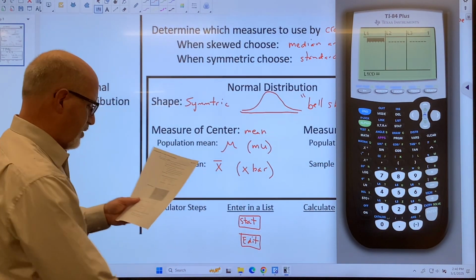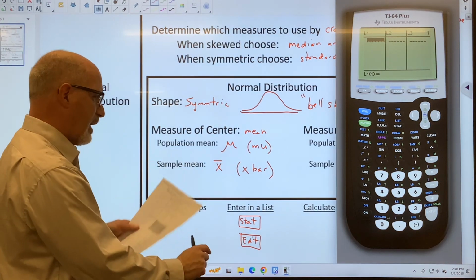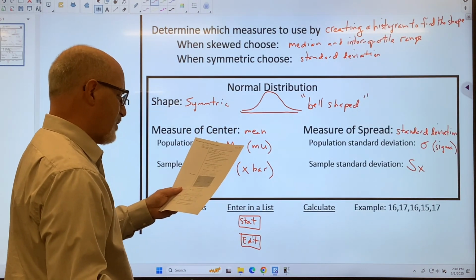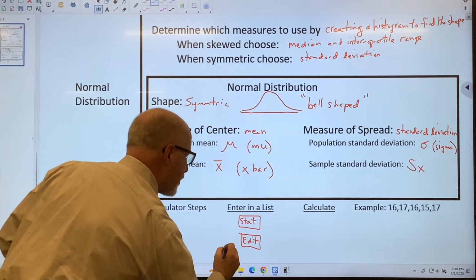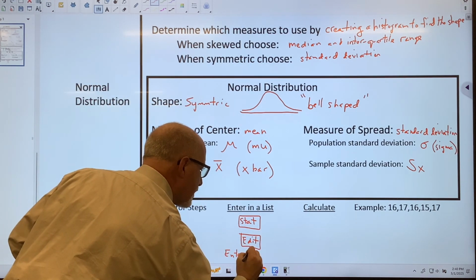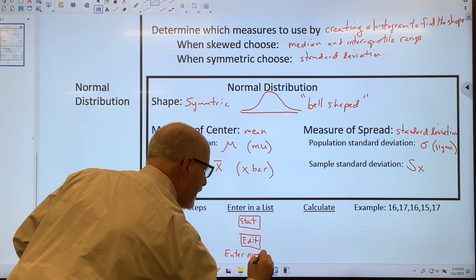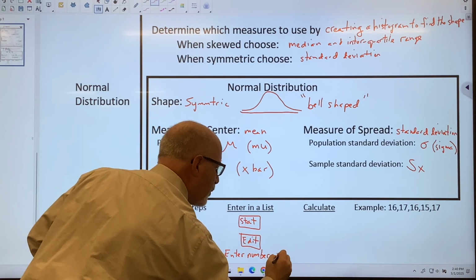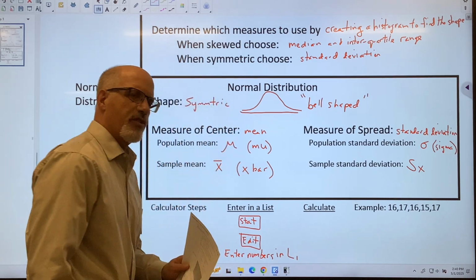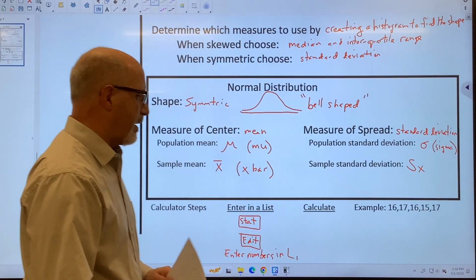Now, the next thing you're going to do is enter the numbers into the list. I'm going to put in L1. Usually we'll just use the first one, but you can actually use any one of them.